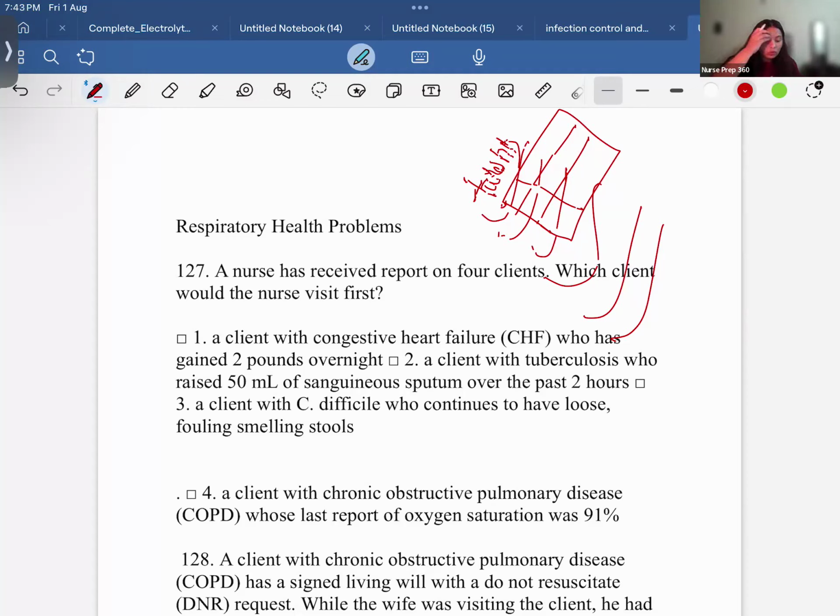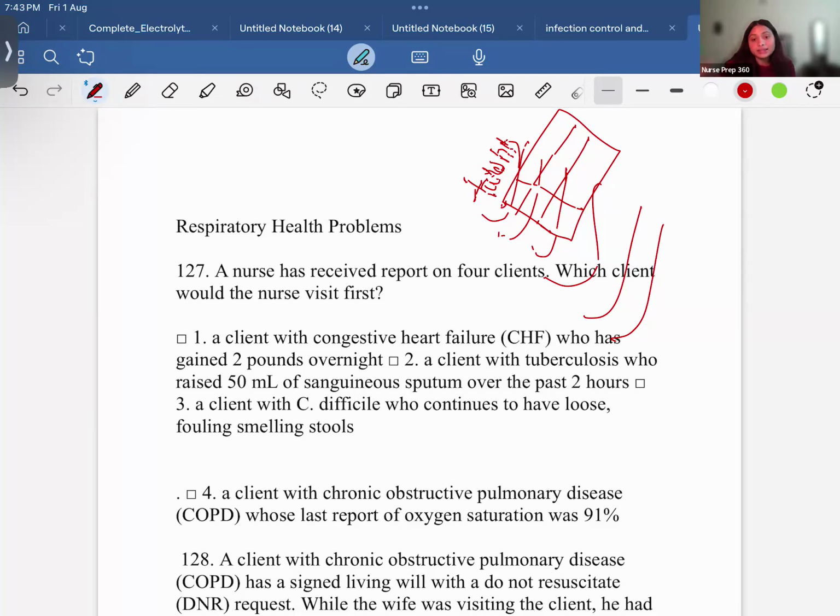So you have to look for this condition. Next, go for option number 3: a client with C. difficile who continues to have loose and foul-smelling stool. Anybody know what C. difficile is?